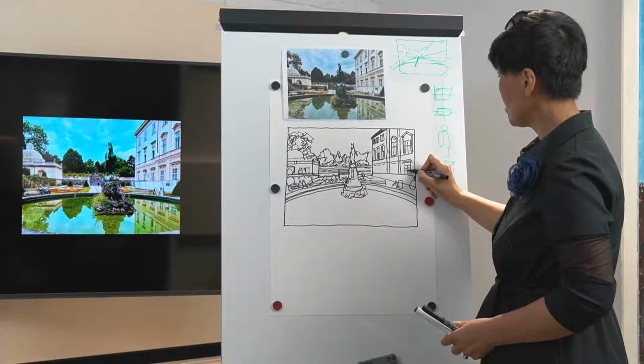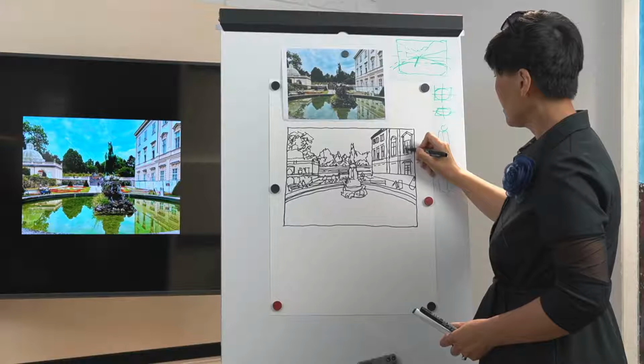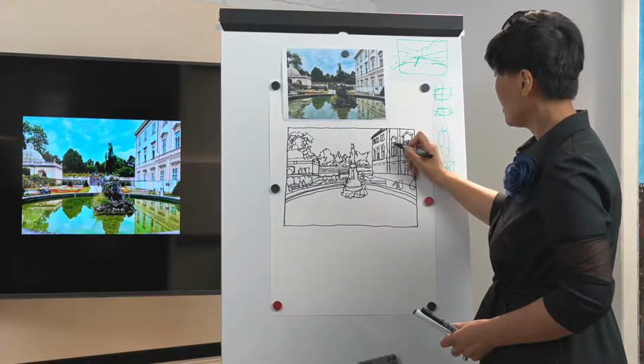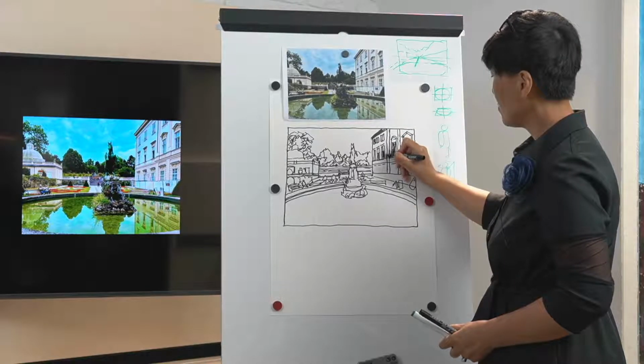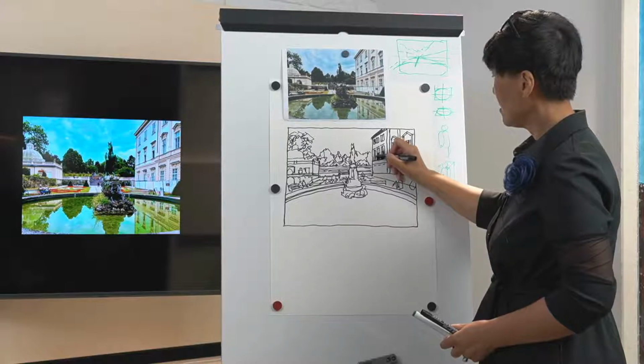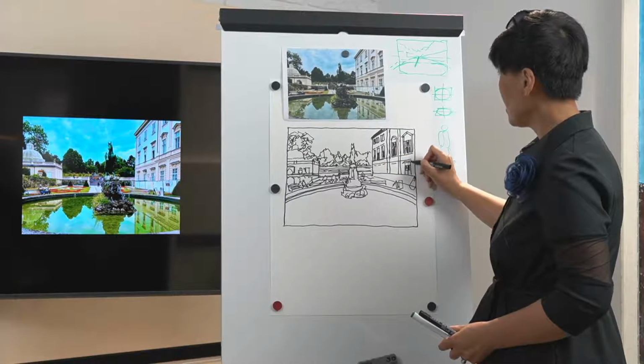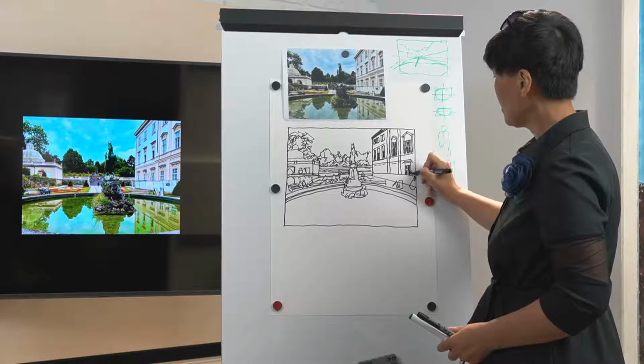If you don't want to do the details, just leave it, or you put the black as I did. It will be easy. And this part also, if you don't want, just leave it black.